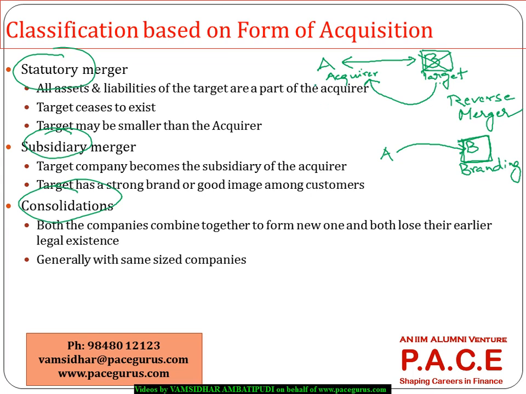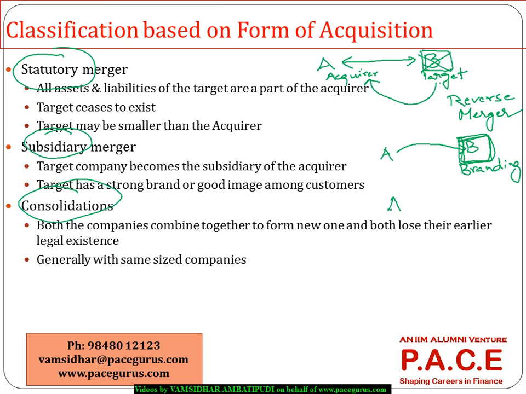In that case, B will become a subsidiary to A, and both the brands will exist, both the companies will exist as separate legal entities. That is what is the case in a subsidiary merger. And so in this case, the major focus is B having a separate identity of its own in the market.